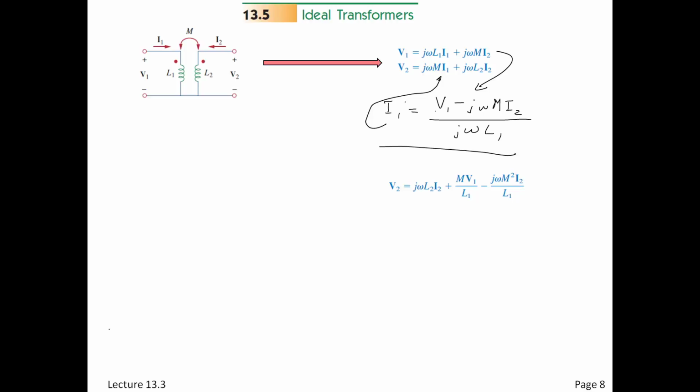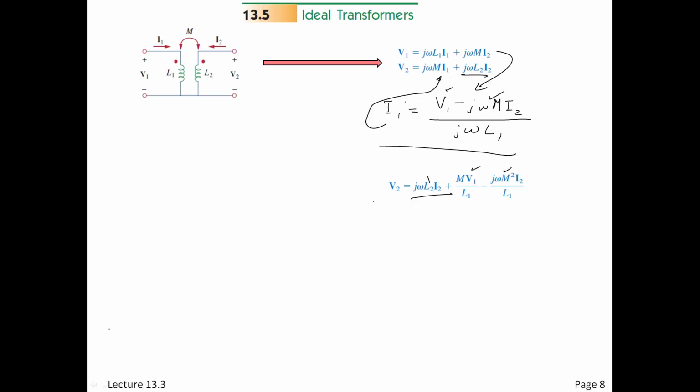Here's V1, j omega canceling that. So it's V1, here's this term, right? Then we've got j omega M over j omega L1. So this term has become this term, or vice versa. And then we tag along this last term is here, right? So everything's accounted for.